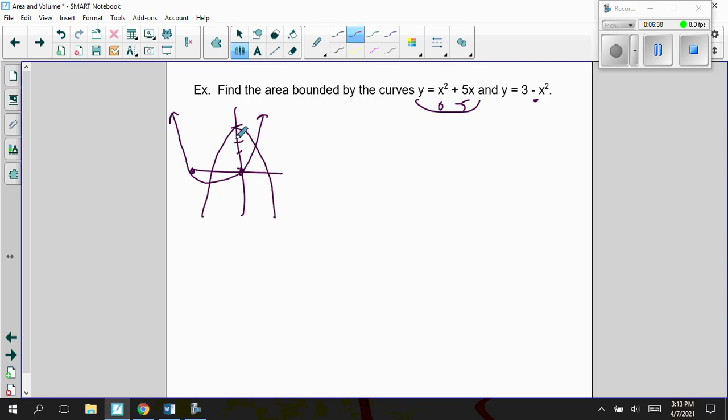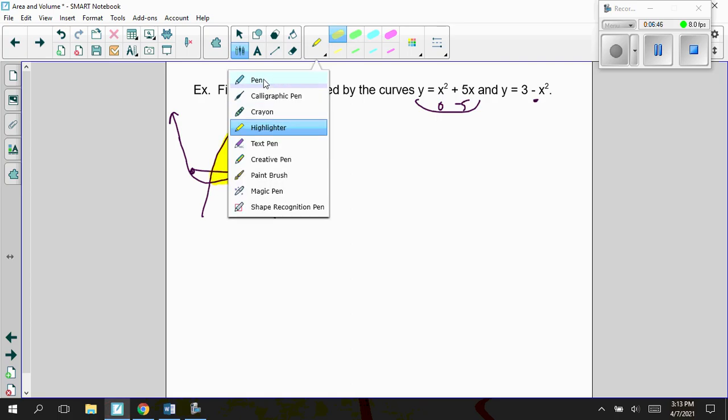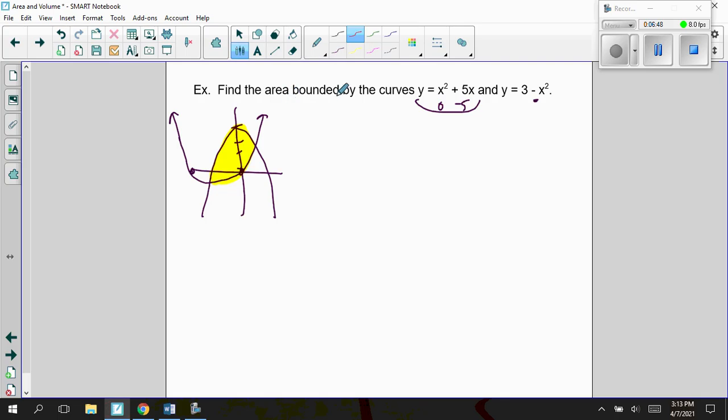I'll use a highlighter here. Here is my area. As I'm looking at this, I just want area, so no volume involved in this one.